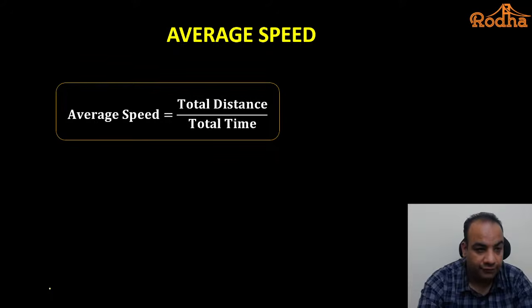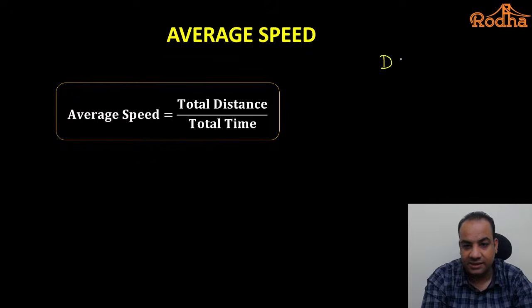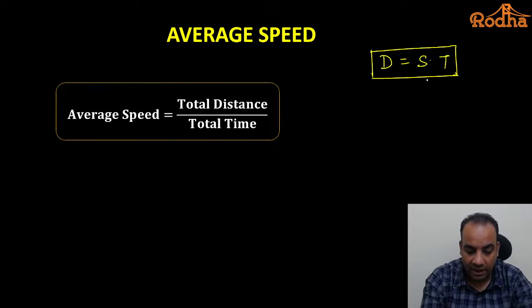First of all, what is average speed? You've already studied the formula distance is equal to speed into time. If I solve for speed from this formula, I get speed as distance upon time. So average speed is total distance upon total time.